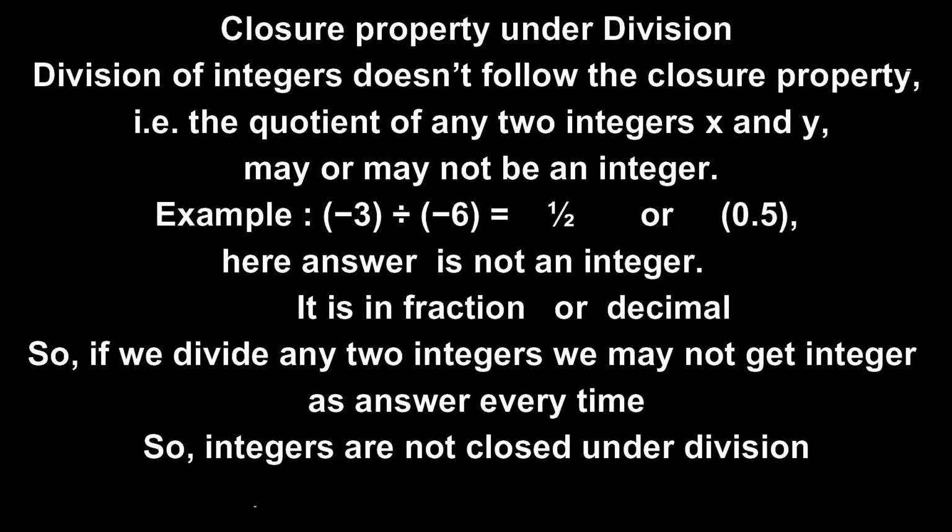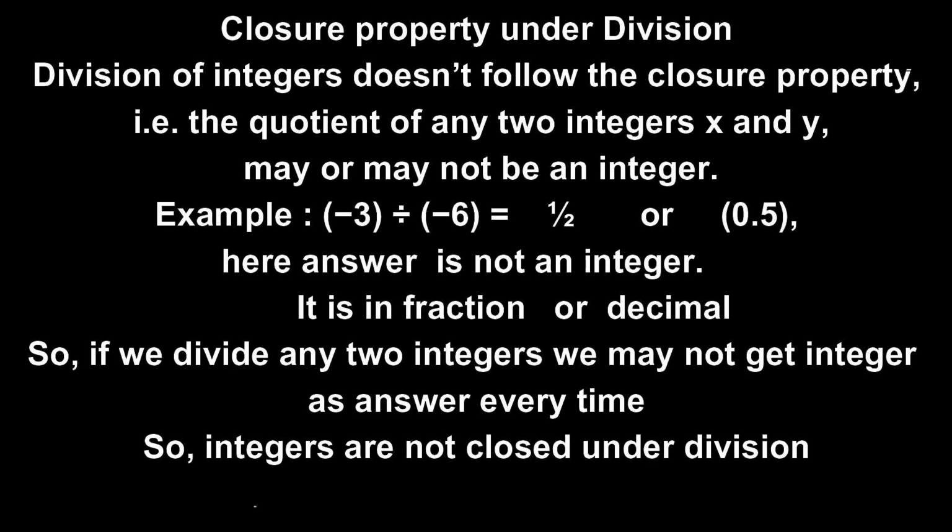Closure property means whenever you are adding, multiplying, subtracting or dividing, you should get the answer as an integer. Then and only then it is considered under the closure property. And division is not every time giving you the answer as an integer.